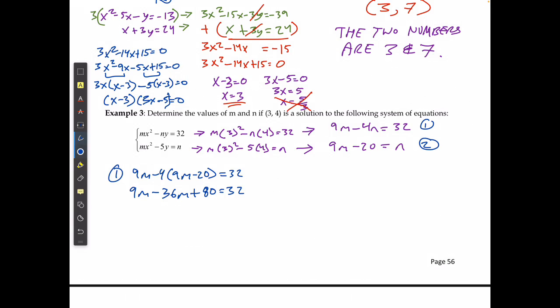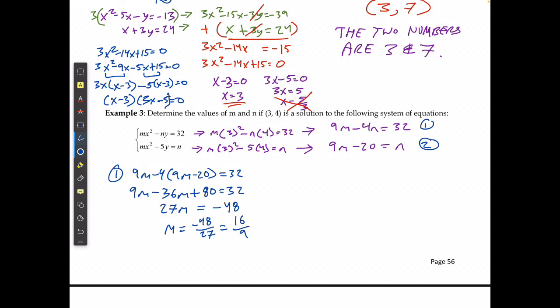Which means that when I combine these, 27m, and when I subtract 80 from both sides, that's going to equal negative 48. So m is going to equal negative 48 over 27, and the top and bottom can get divided by 3 to get 16 over 9.